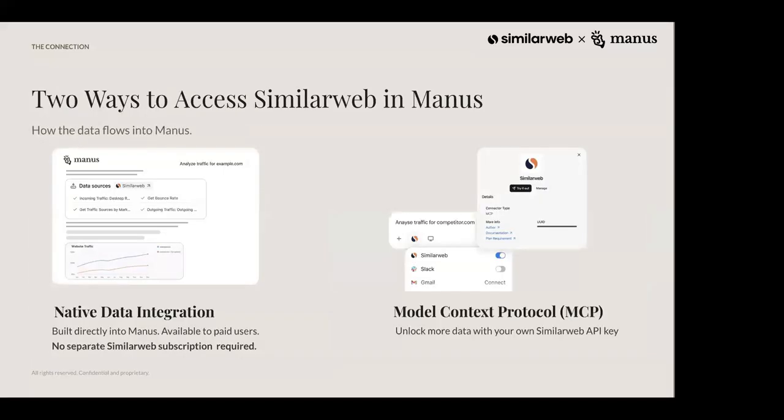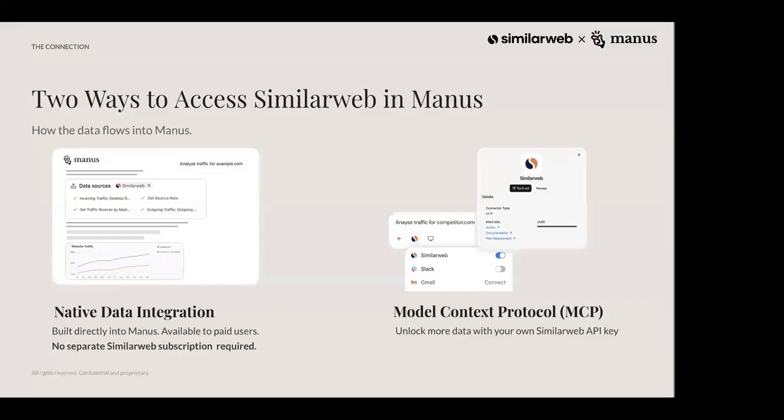About this integration, there are two ways that you can use Similarweb in Manus, and we're going to break down the endpoints and how to use them in later use cases. But now, a brief introduction. One is the native data integration that you can use as a paid Manus user.